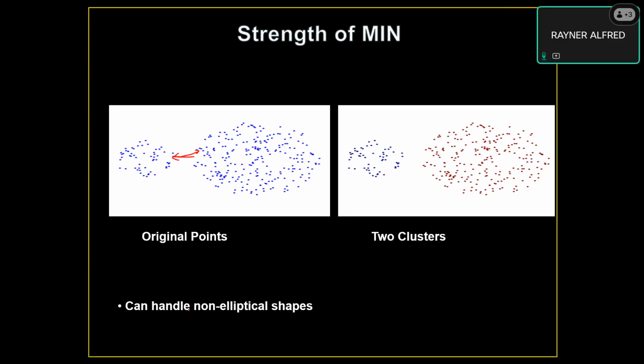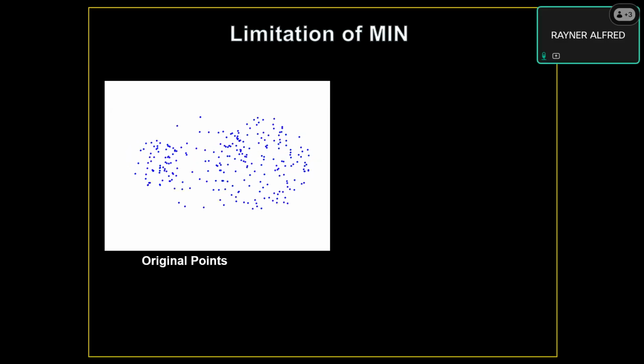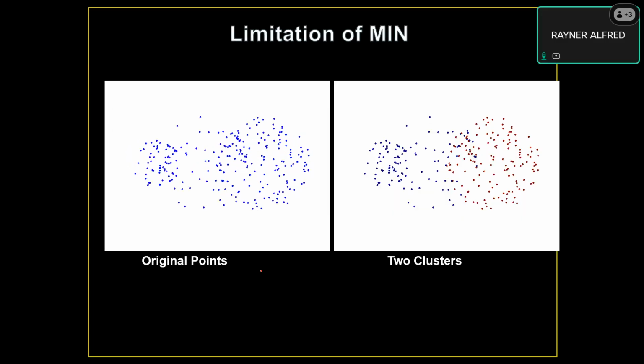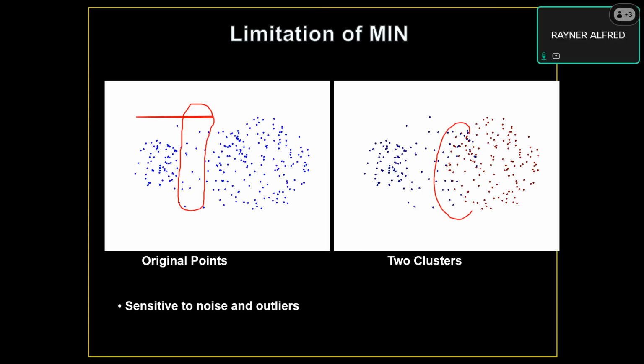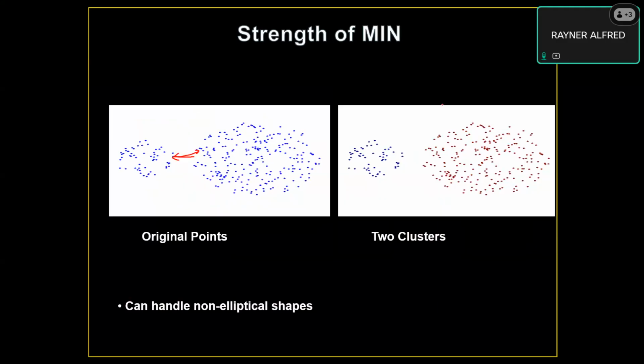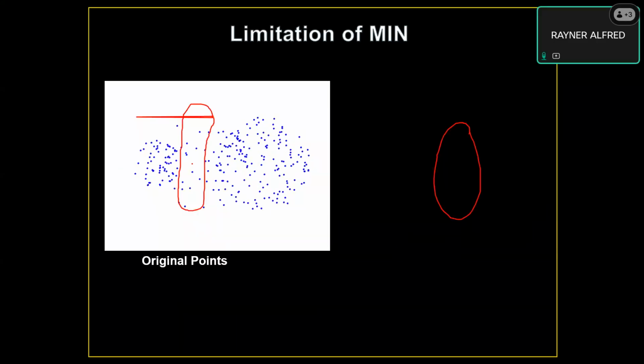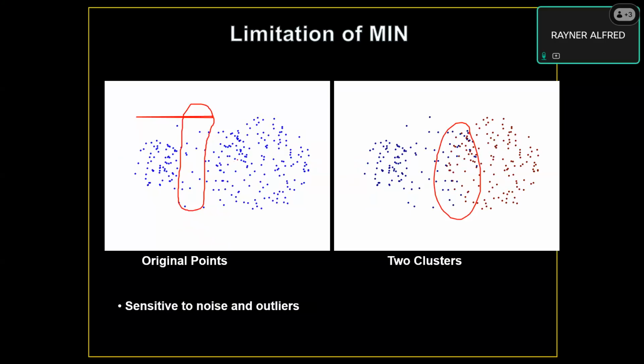So this one can handle non-elliptical shape, and the limitation of this is it is sensitive to noise, because over here we have noise. Okay, so we do not know where they belong to, so you will have a mix of here. So you will have overlapping. Okay, so compared to the earlier one, this is clean, but if you have noise, you will have overlapping. Okay.